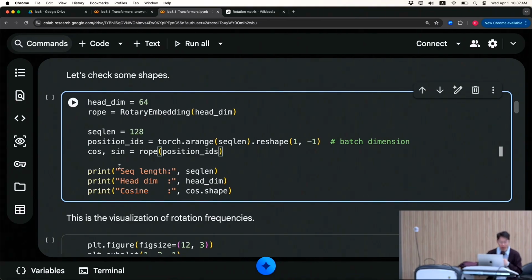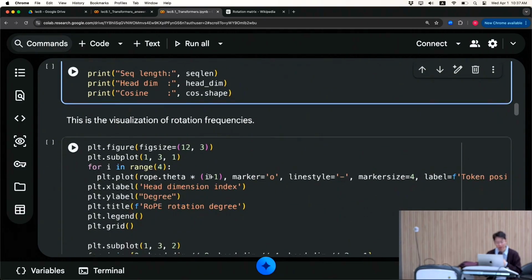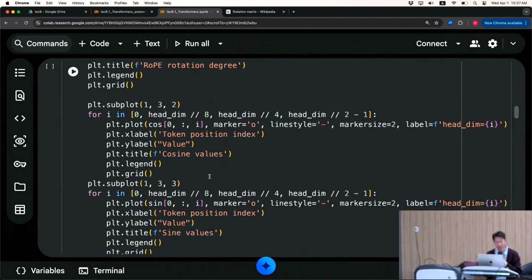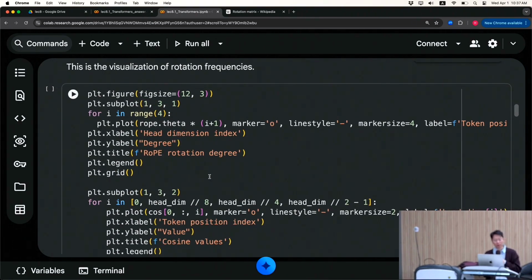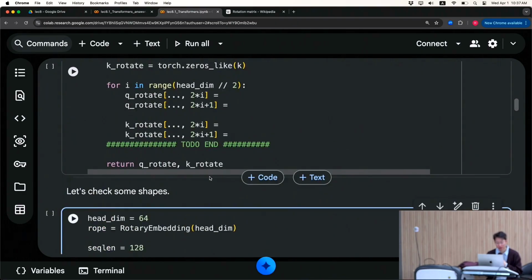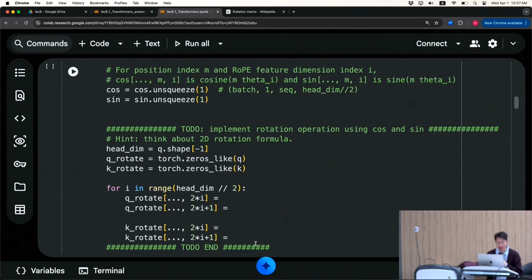And we're going to compute the cosines and sines, check the dimensions, and also visualize the rotation frequencies. Let's first finish implementing. So slice the query and key in terms of consecutive pairs, apply the 2D rotation matrix.